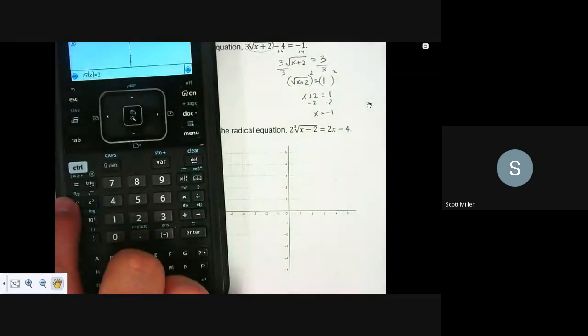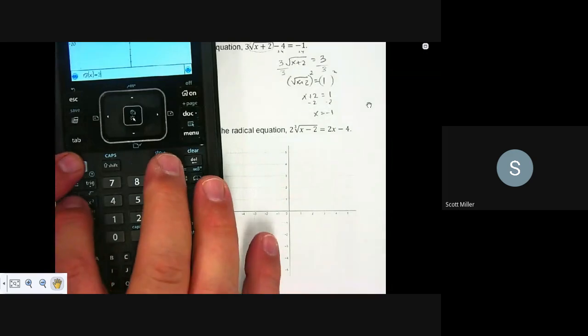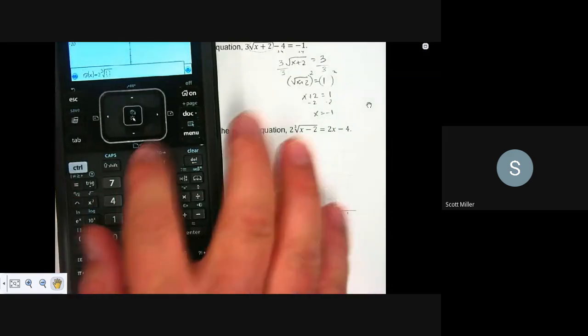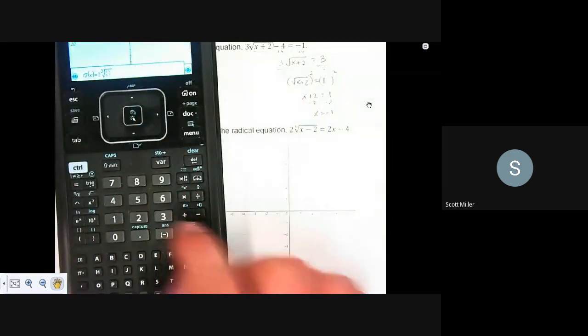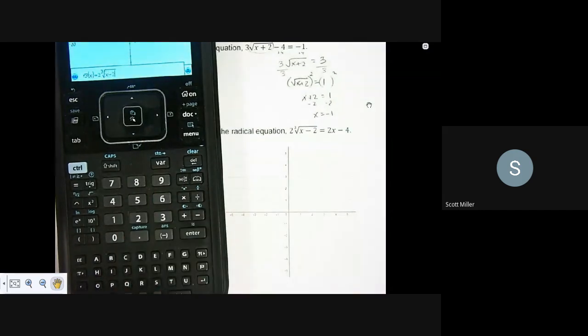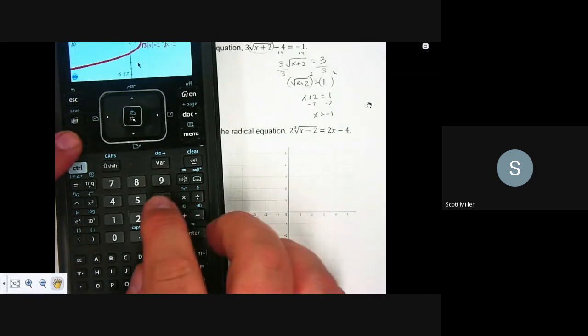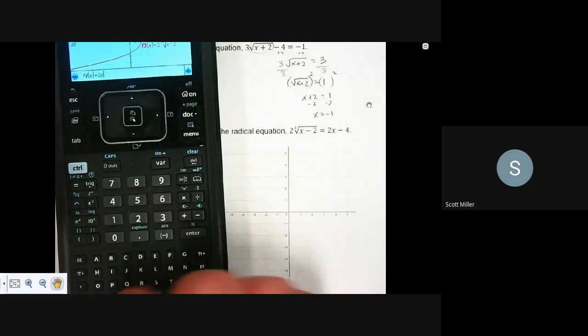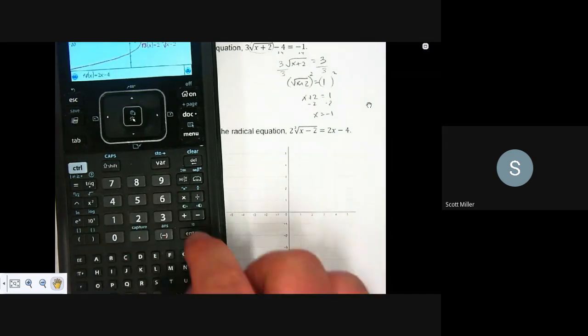Cube root is the button right next to it, and it's x minus 2. So that is the one function. And then I'm going to graph another one, which is 2x minus 4.